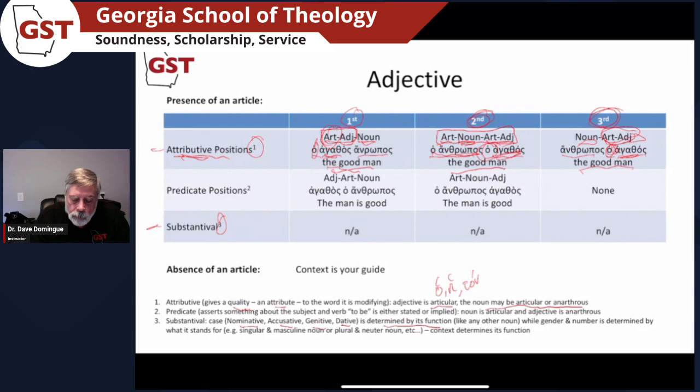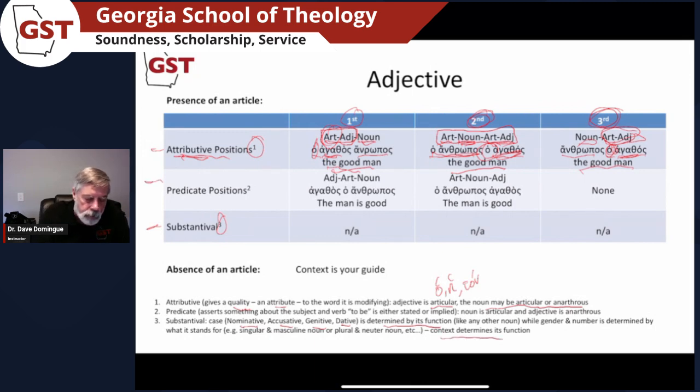It will stand for whatever its form is, its case, number, and gender, just like any other noun would. But there's no noun to modify. Context will determine its function.